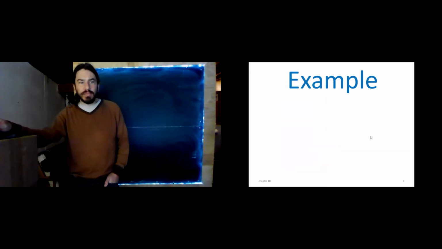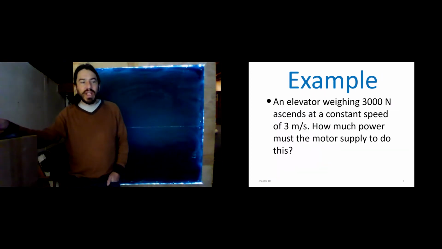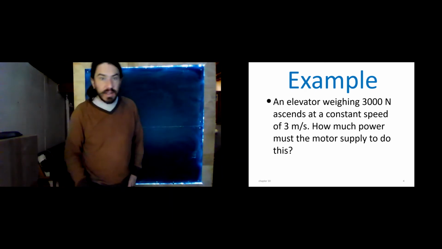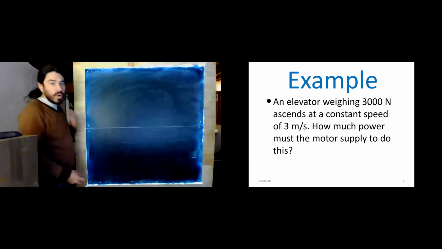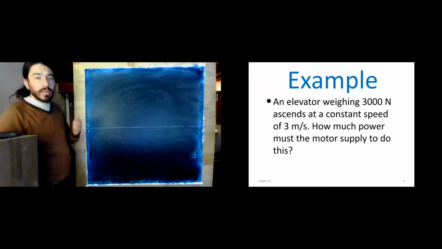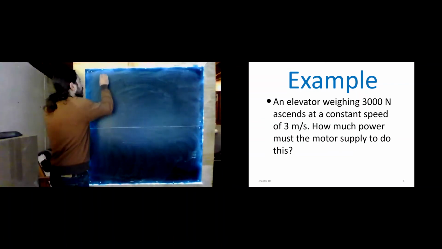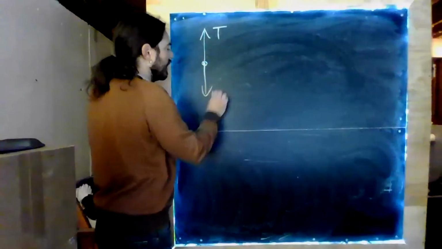Let's do a real quick example. Let's imagine that an elevator weighing 3,000 newtons ascends at a constant speed of 3 meters per second. How much power must the motor supply to do this? Well, let's do a real quick force problem so that we can approach it from a force times velocity perspective. For the elevator, we've got some tension in the cable and we've got some weight.